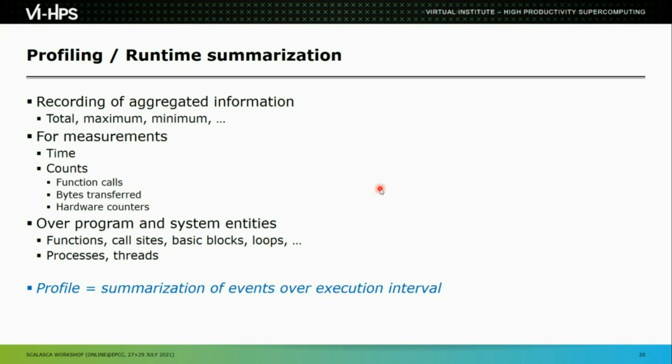But mostly we're getting the total, combining things together so that we see, at a glance, the total number of bytes transferred, or the total time for specific functions or call paths.